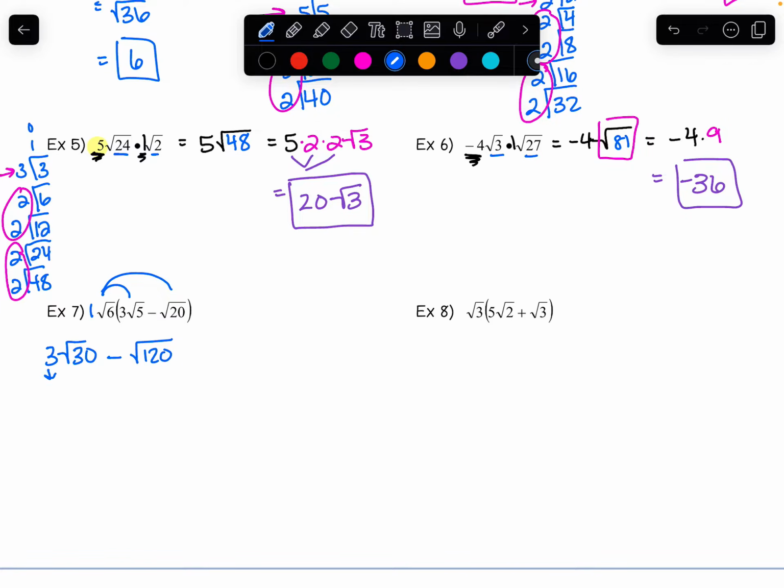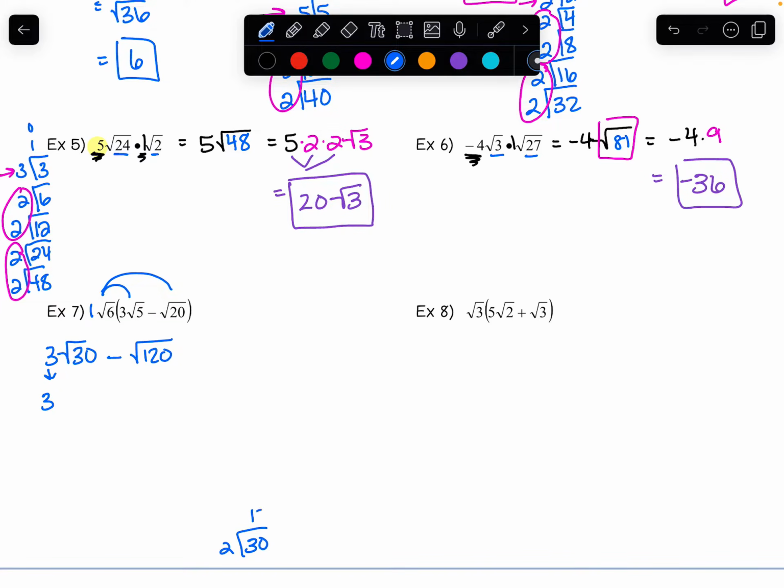I'm going to bring down my coefficient of 3, and I'm going to do birthday cake for 30. The smallest prime number that goes into 30 is 2.